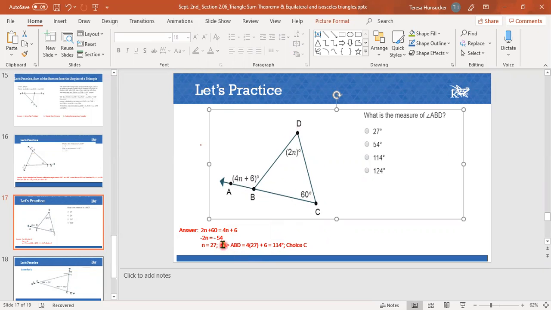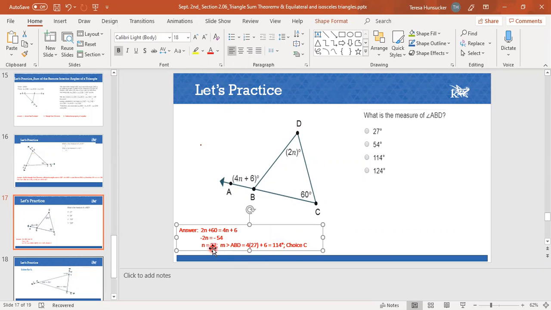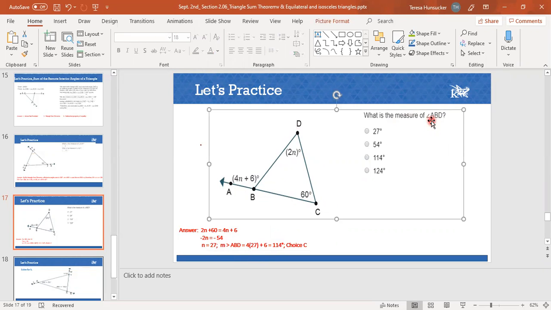And you solve for n, you get 27, but the question asks for ABD. So it's 4 times 27 plus 6. Okay, and you're going to get choice C out of that. 114.